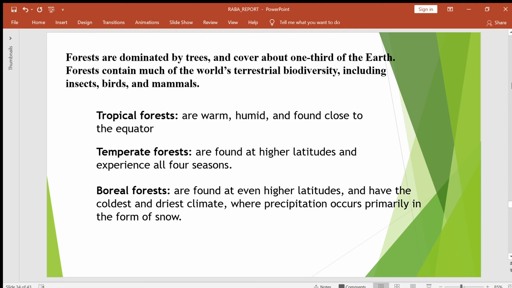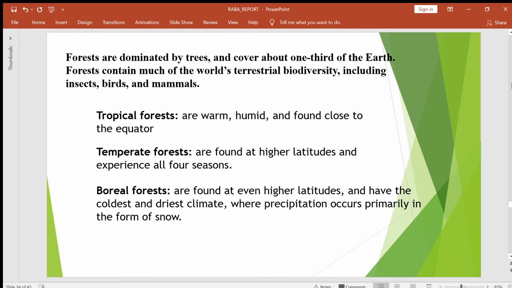Forests are dominated by trees and cover about one-third of Earth. Forests contain much of the world's terrestrial biodiversity, including insects, birds, and mammals. Tropical forests are warm, humid, and found close to the equator.